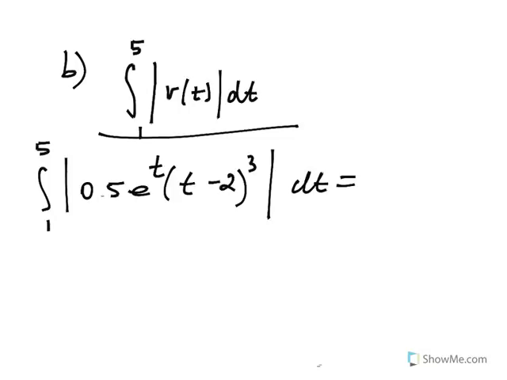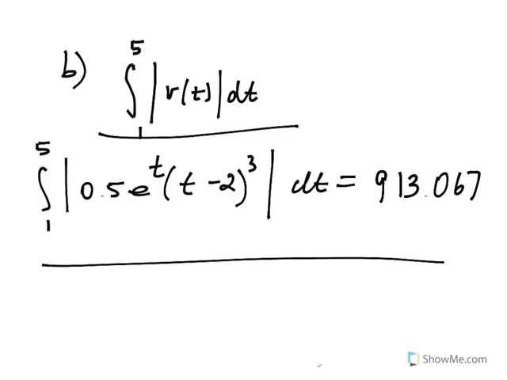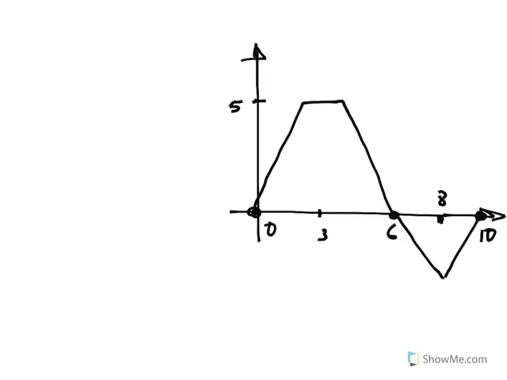It says abs and parentheses. So press enter, and you get your absolute value sign. You can pause, do it, and I already did it, and I got 13.067. Problem number 3.